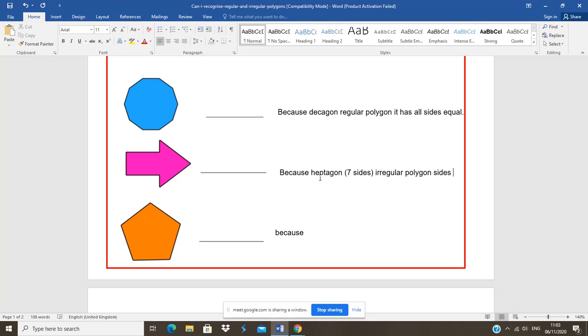Irregular polygons do not. The shape that we are looking at has the shape of an arrow, but if we count the number of sides, we know that we have 1, 2, 3, 4, 5, 6, and 7. So it actually falls on a heptagon, okay?